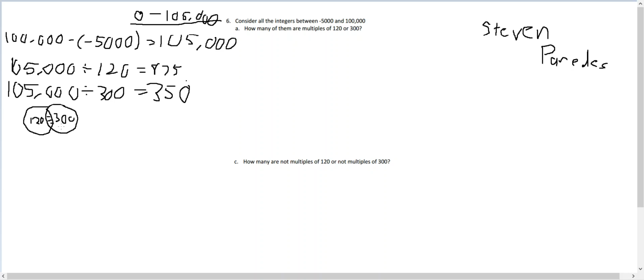We don't want to count these twice because that will ruin our numbers, so what we will do is we'll find the least common multiple between 120 and 300. You can do that some fancy way, or you can just do what I did and find the number that is the lowest that matches between the two. So in this case, 120 and 300 have a least common multiple of 600.